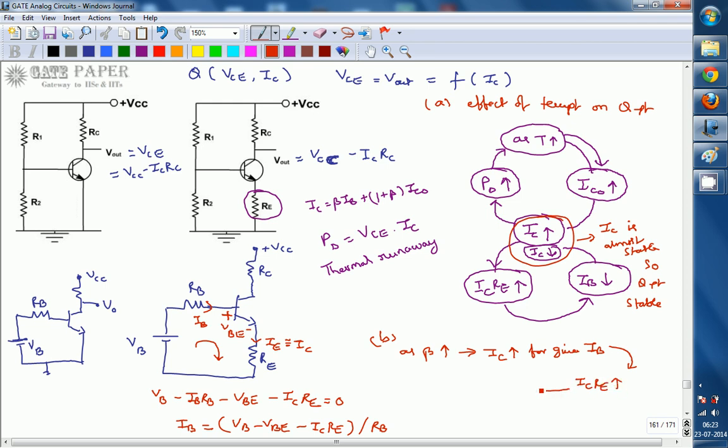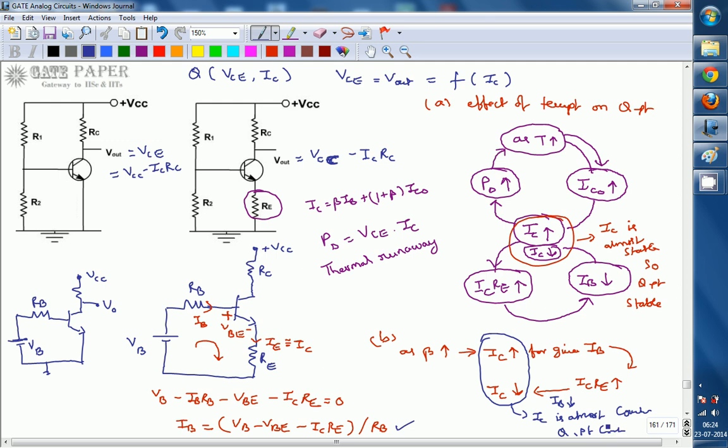Whenever this term increases, IC is going to reduce, because this makes IB reduce. Because of this, IB reduces from this equation, so IC reduces, and from this we can say IC remains almost constant. So the Q point is constant.